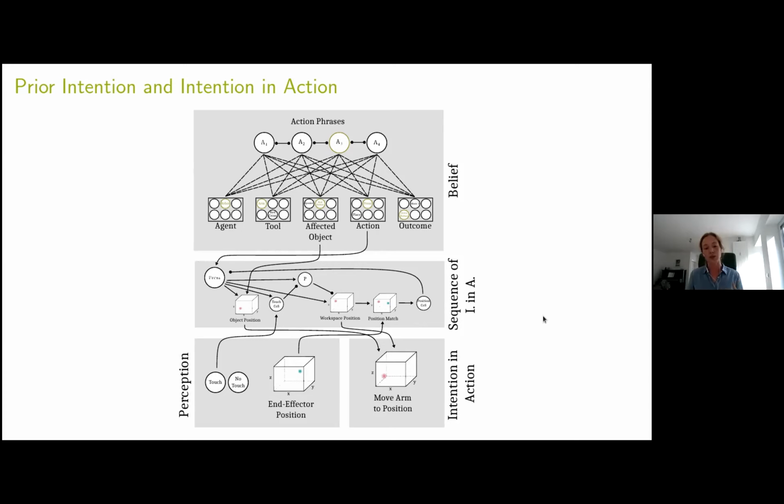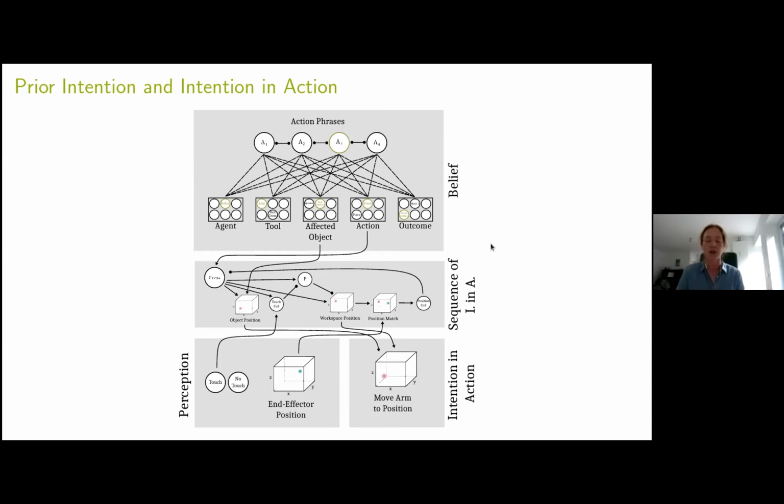So we assume that those more complex sequences of intentions and actions are already learned and they have a fixed order. But then the condition of satisfaction may vary depending on the higher level action. So here we would think about this as being the prior intention.